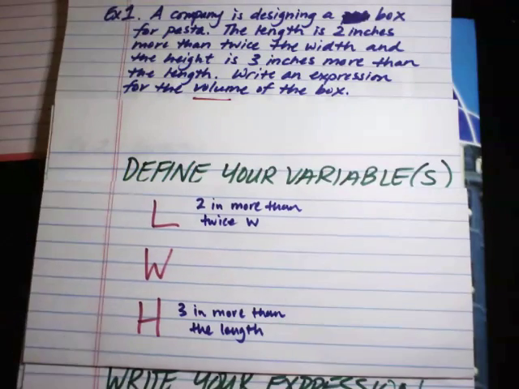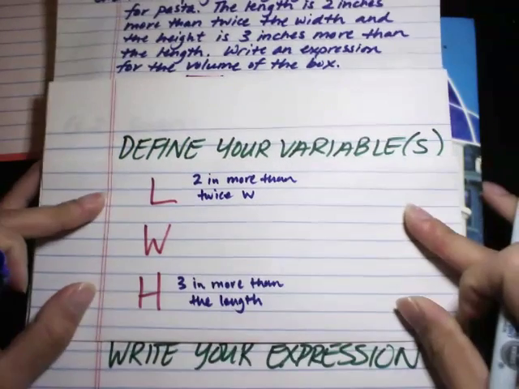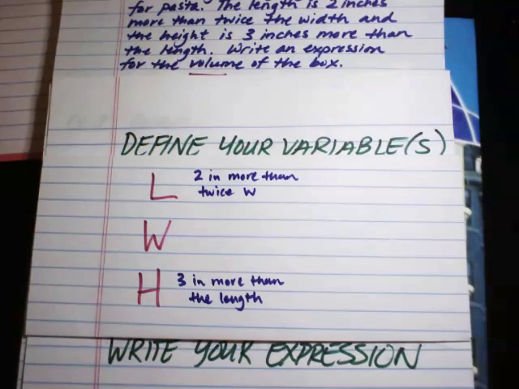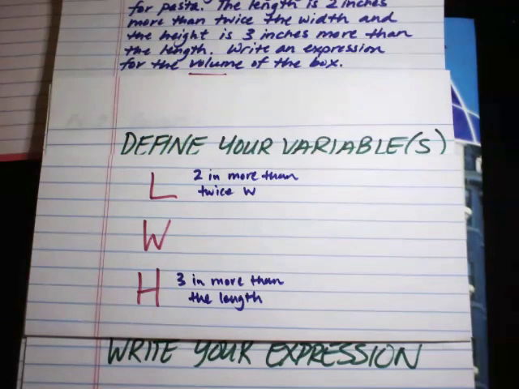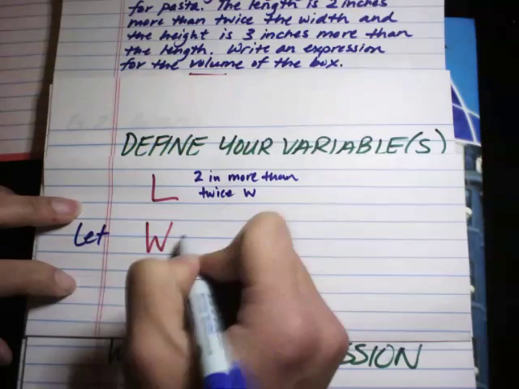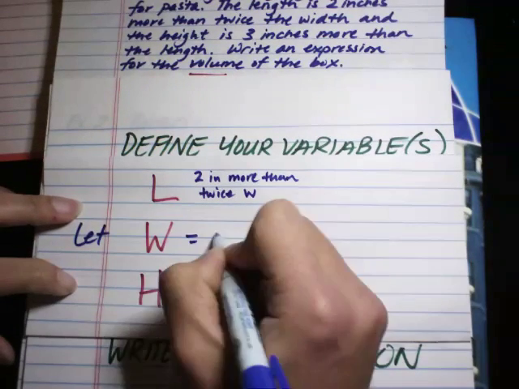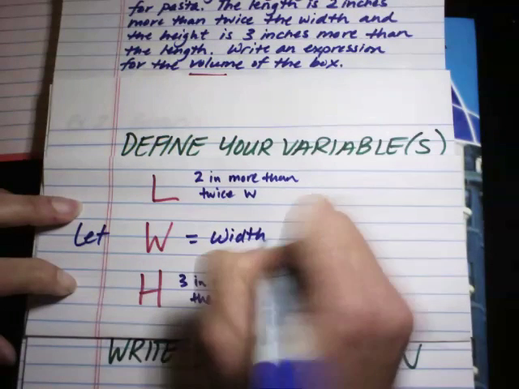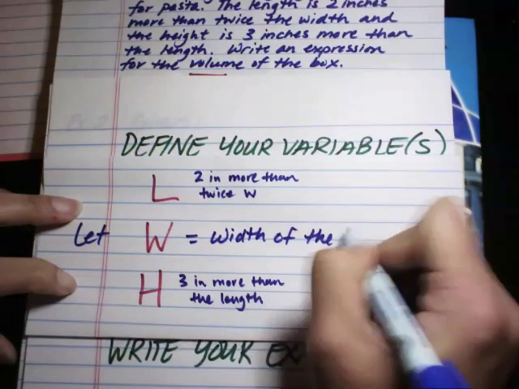So it looks like in this setup that the only variable that's not really mentioned is the width. So since we don't have any information on it, that is the variable that we are going to define. So I'm just going to let W represent the width of the box.